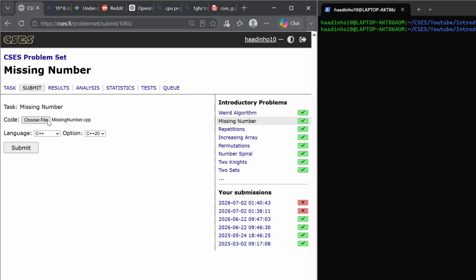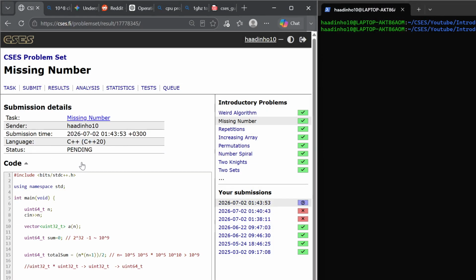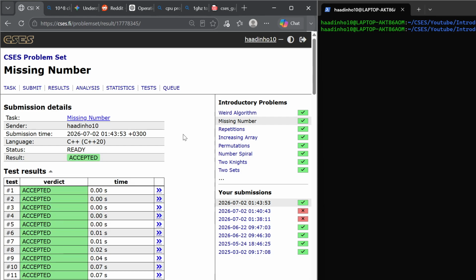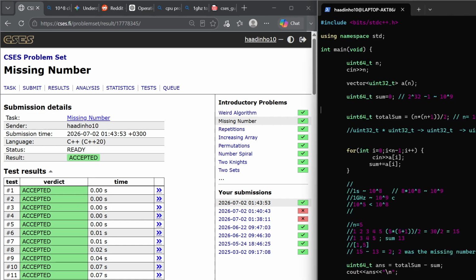Now if I submit missing number, yeah, see, it got accepted. So I think this was very good learning for us. We did face problems and we tried to learn. And now, apart from this, I will show you a small induction proof for the sum of the first n natural numbers.